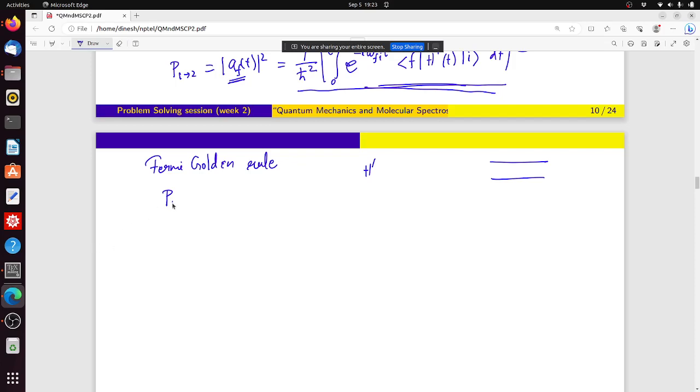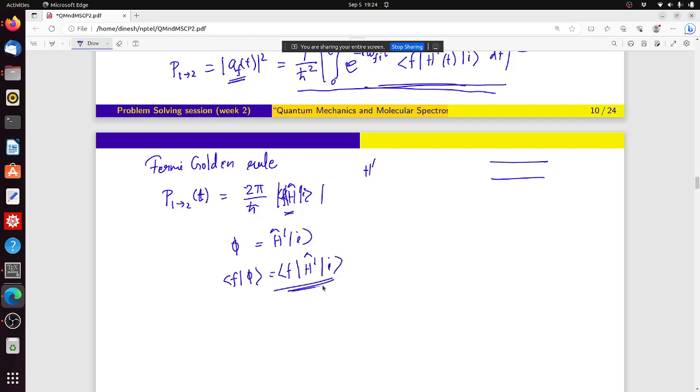This transition probability from state 1 to 2 will have the form 2 pi over h, mod of this perturbed expectation value, and it's not actually an expectation value, let's say final, initial, the measurement of this value, or the projection of this evolved state, let's say this is some evolved state phi, onto this final state phi f, and this is h f prime.